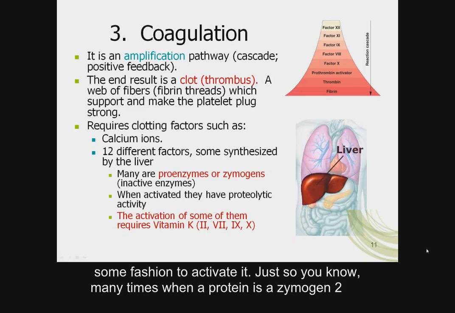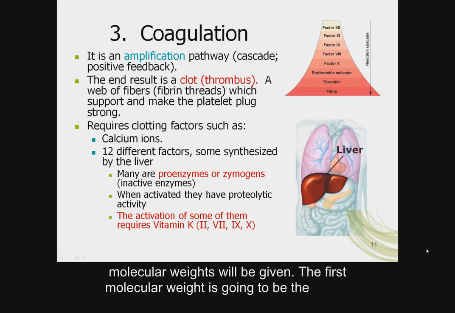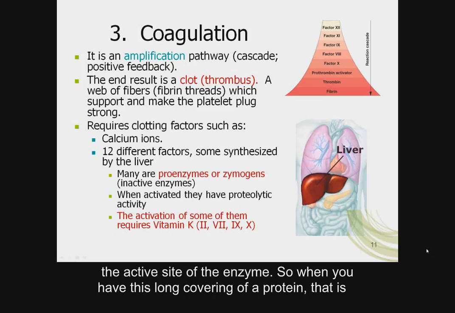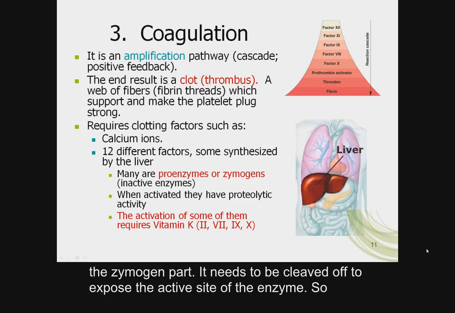Just so you know, many times when a protein is a zymogen, 2 molecular weights will be given. The first molecular weight is going to be the zymogen. You see, usually there is another long strand of amino acids synthesized that covers the active site of the enzyme. So when you have this long covering of a protein, that is the zymogen part.